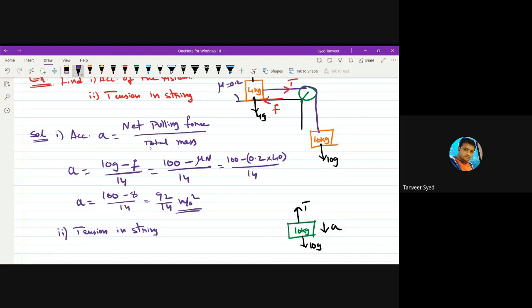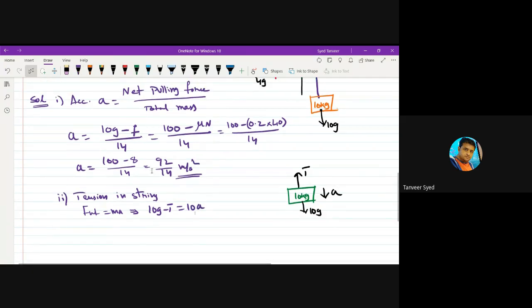Then if I apply F net equal to ma, what is the net force? 10g minus tension is equal to 10a. Acceleration we have got here, 92 by 14. So 10g, 10 into 10, 100 minus T is equal to 10 into 92 by 14.